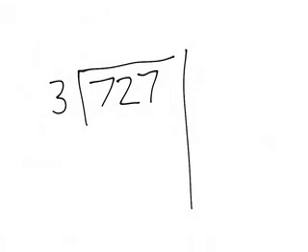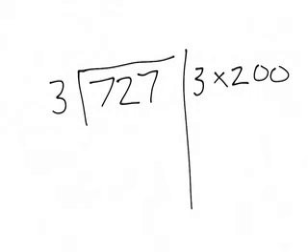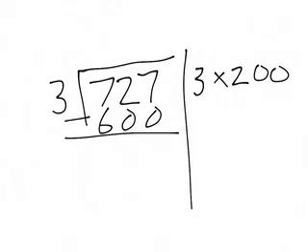That's really close to 7. If I know 3 times 2, I also know 3 times 200, which is, of course, 600. And so they can get rid of, right away, 600, bringing it down to now 127 to deal with. That's a lot easier to deal with.